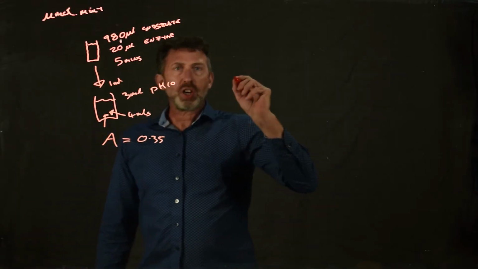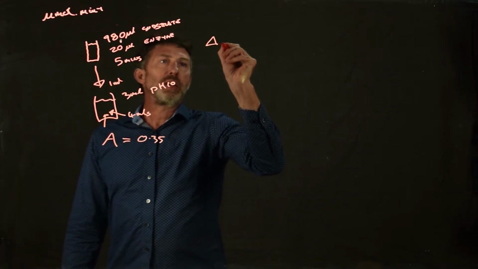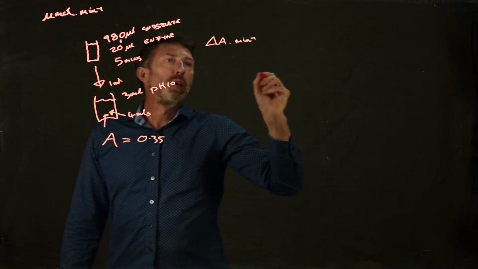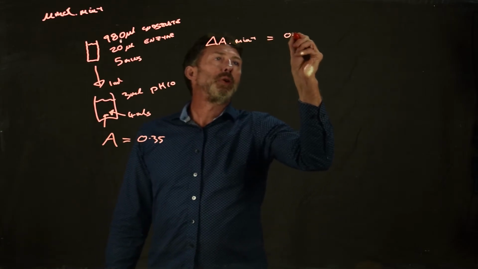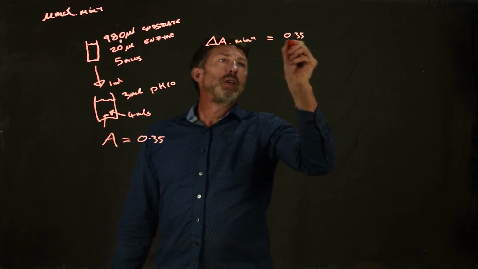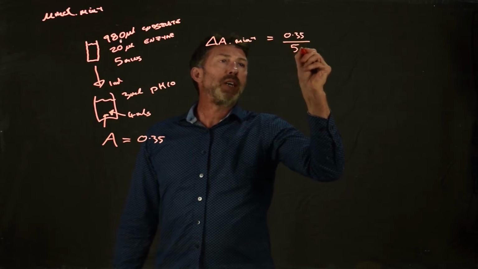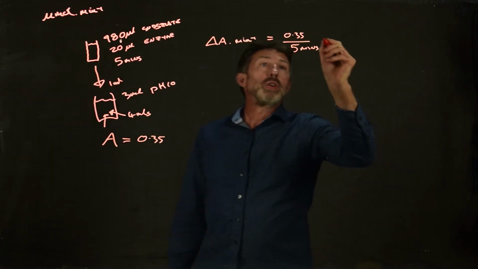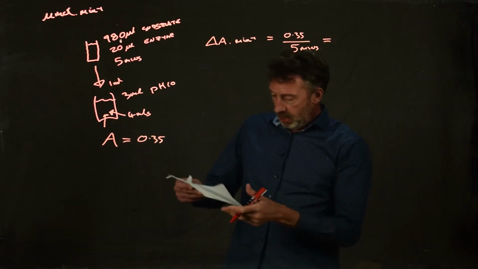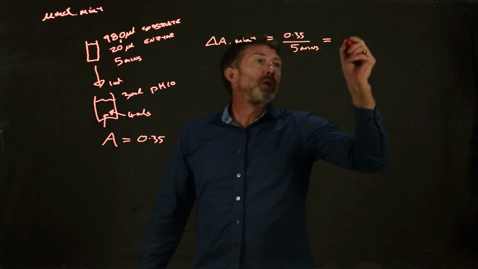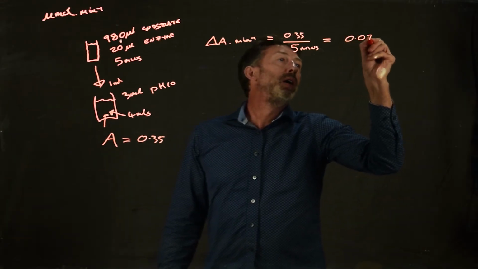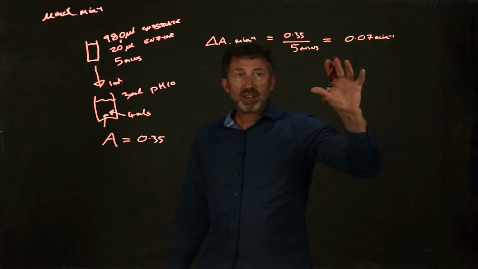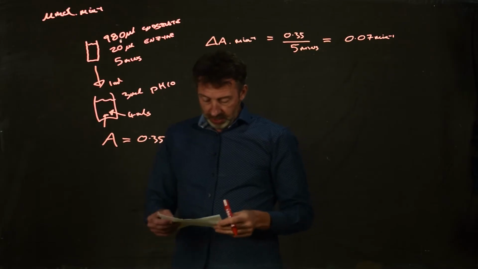So the change in absorbance, delta A, the change in absorbance per minute, is equal to 0.35 divided by 5 minutes. Absorbance has got no units, so that is equal to 0.07 per minute. So we have an absorbance change of 0.07 per minute being produced there.